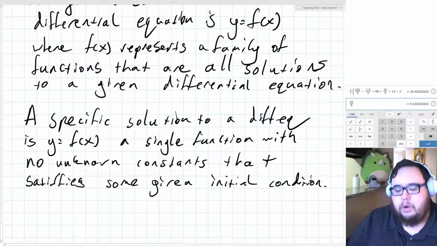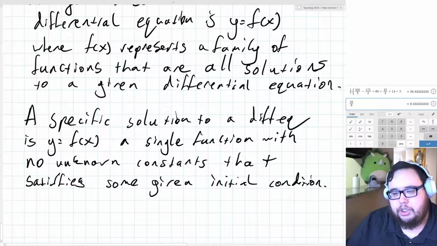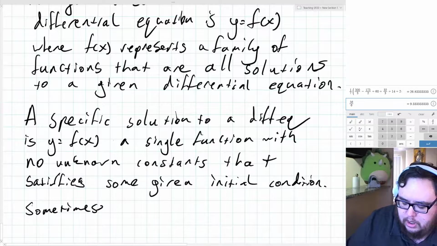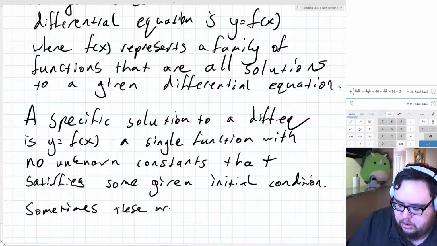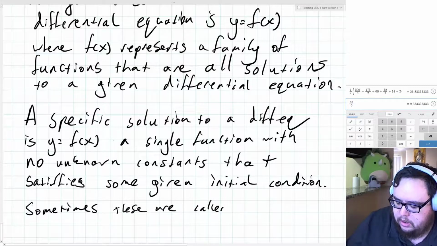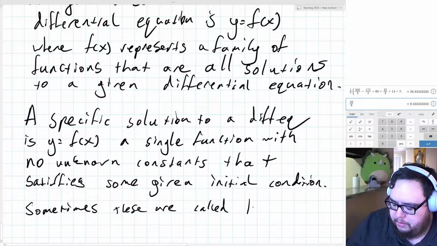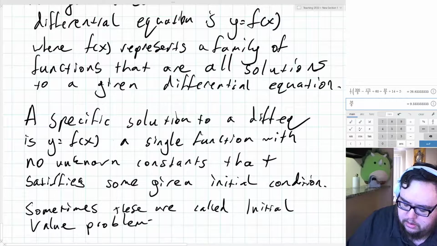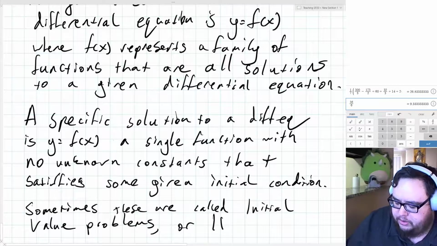Sometimes problems where you are asked to find a specific solution to a differential equation, sometimes these are called initial value problems, or IVPs.